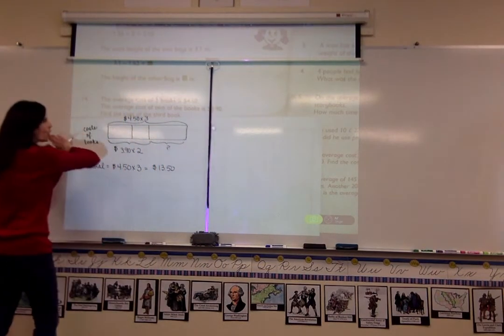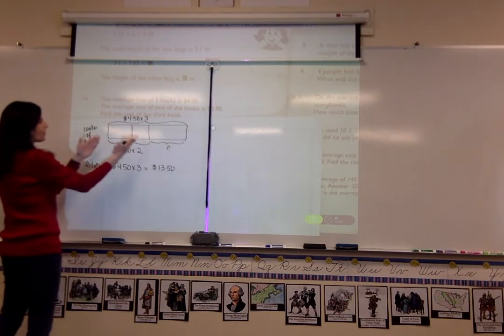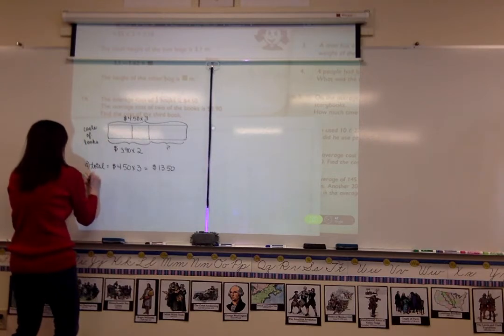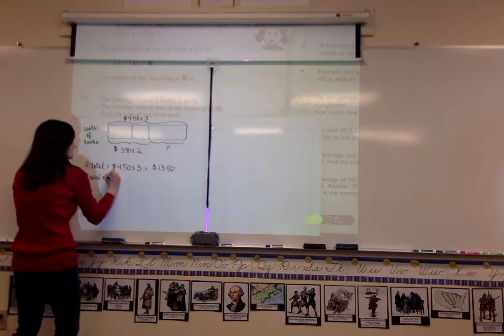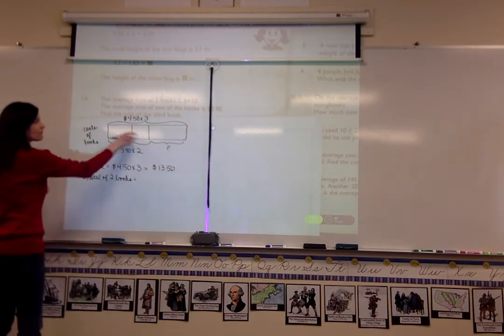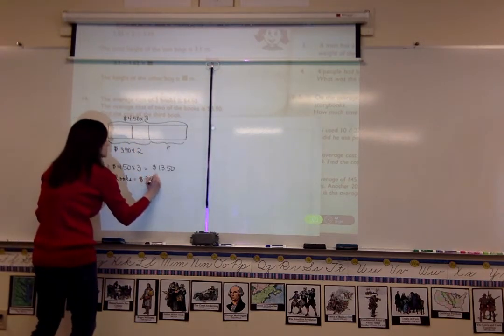All right, so that's what the whole, all 3 books all together, cost. Now, the total for the first 2 of those books is going to be the average of those 2 times 2. That's going to be $3.90 times 2.